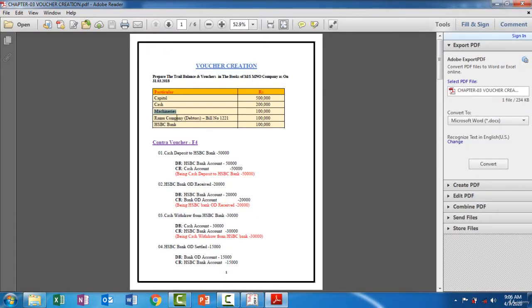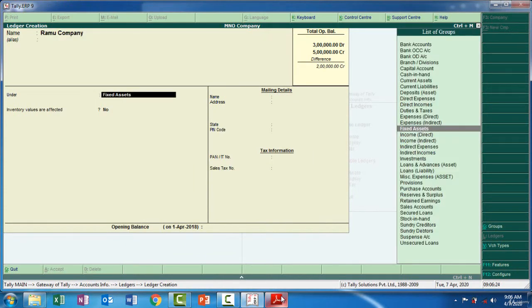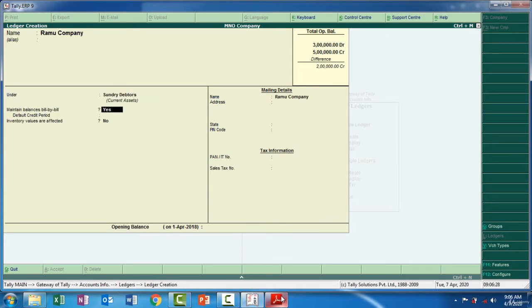The next one is Ramu company. So I'm going to type Ramu company as a sundry debtor, because they give the bill number. Ramu company, the maintenance bill, yes.